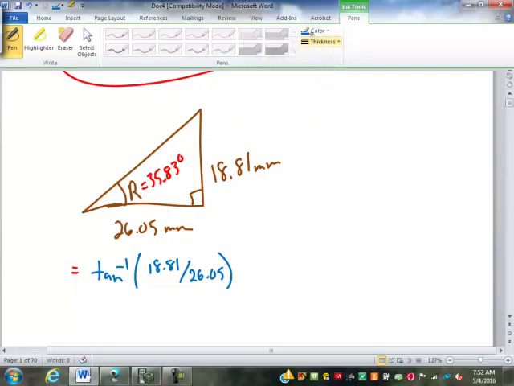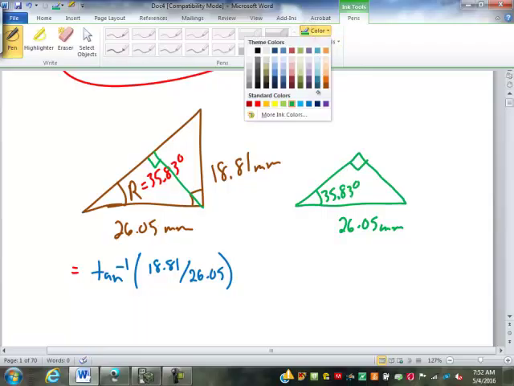Now that we have that, we need to find this across here. So that's a new triangle. That's just a piece of this one. Here's our right angle. This is 26.05, and this is 35.83 degrees.